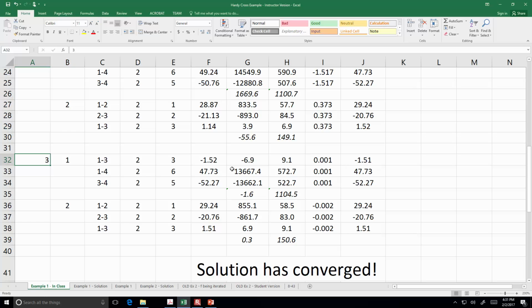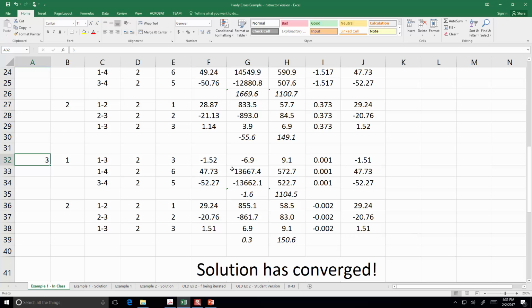And from the perspective of loop 2, that was positive, which is why I'm drawing it from 1 towards 2. 29.24. Pipe 2-3 is negative 20.76, and so that means it's up from 3 towards 2.